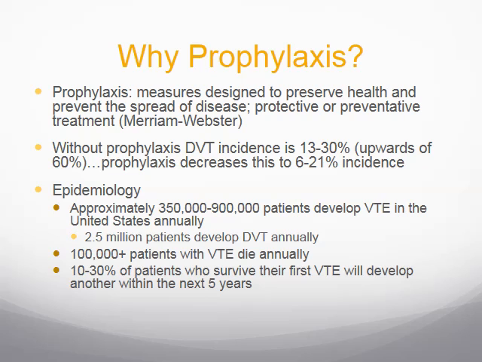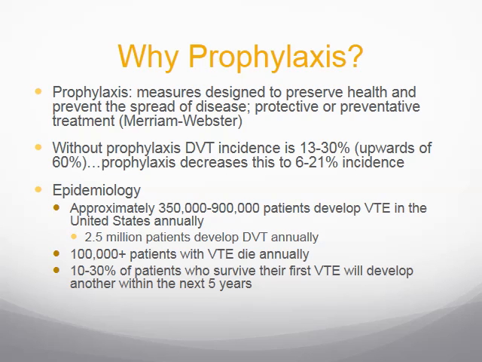Prophylaxis can help decrease this to between 6 to 21% incidence, which is phenomenal that there is an option out there to help prevent what could be a life-threatening disease or event.